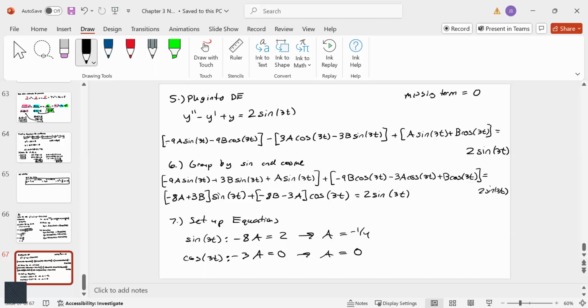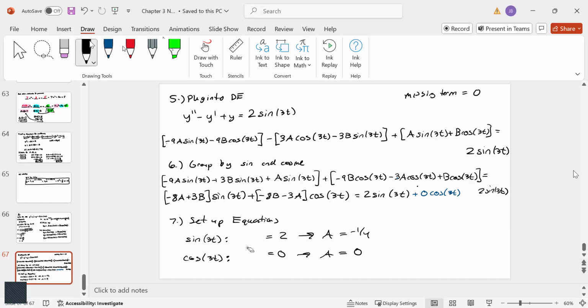And now we set up our equations, just like that whole process that I mentioned earlier. We want the left side to be equal to the right side. Now we have a sine and a cosine that we can deal with. Now remember, it's not there, but just for the sake of seeing it, we do have a 0 cosine 3t, just to make sure that's what we're doing.